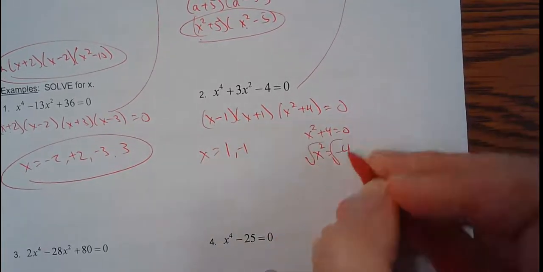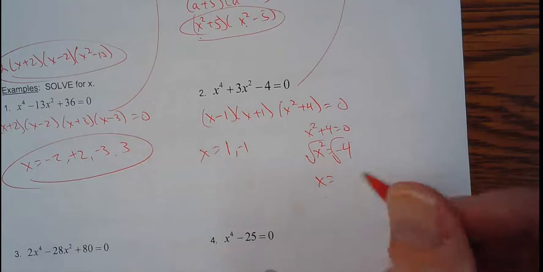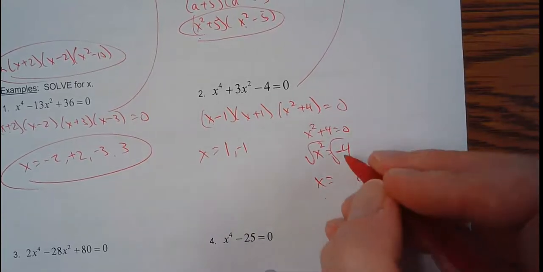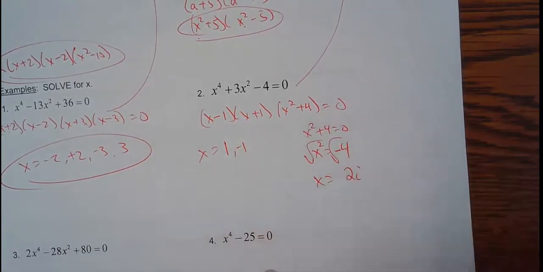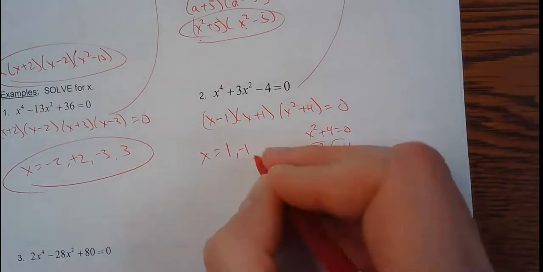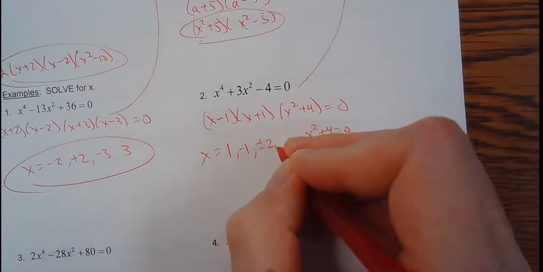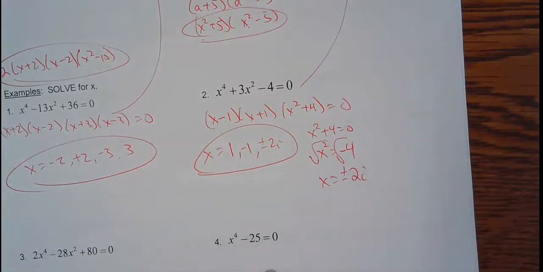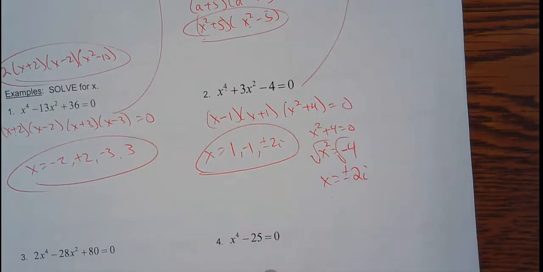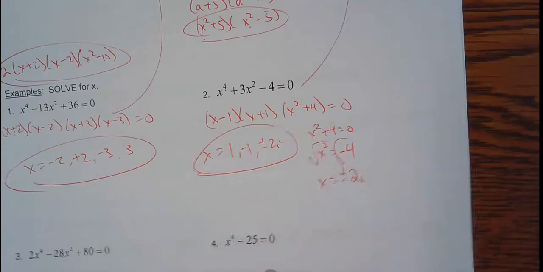And now when I square root, x is going to equal, and since there's a negative there, there's going to be an i involved. Since it's the square root of 4, 2's in there. And because I square rooted, I have a positive and negative root. So this would be plus or minus 2i. So you actually have 4 answers there. It is x to the fourth, so you have 4 answers, two real answers, two non-real, imaginary answers.